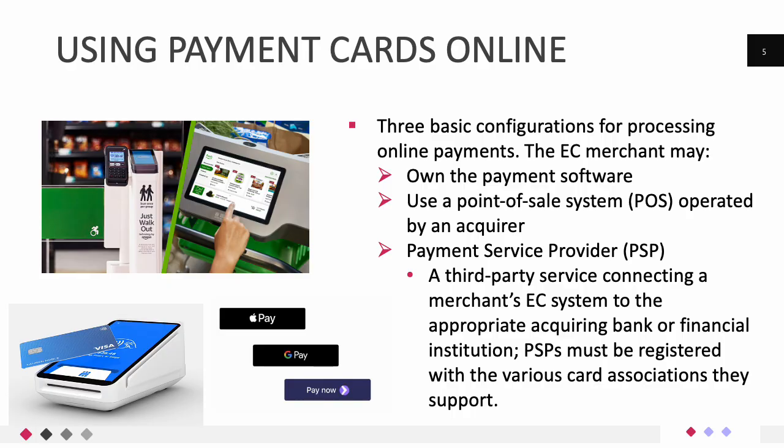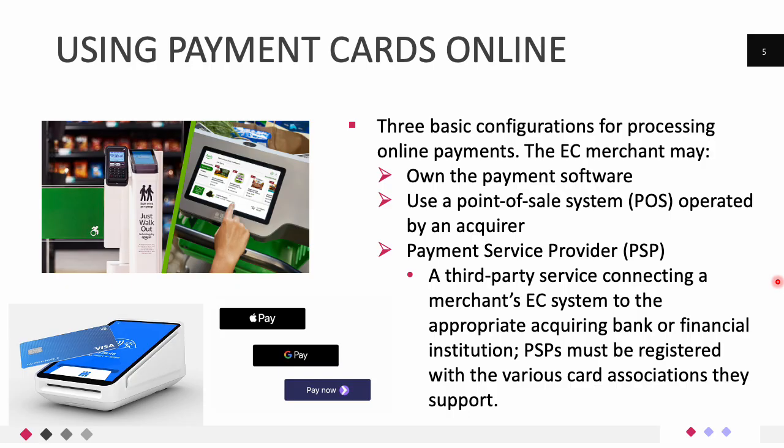And there are three basic configurations for processing online payments. The first is DIY, or we can also say own the payment software. You build or buy your own payment system, like coding a checkout page yourself.